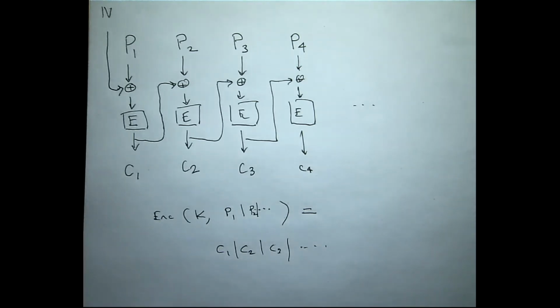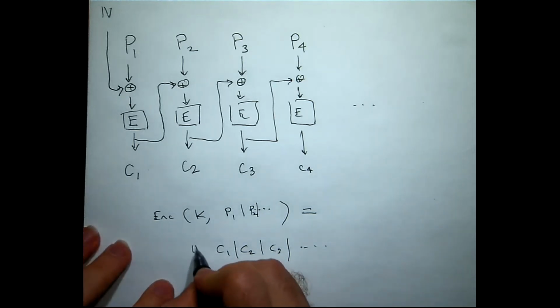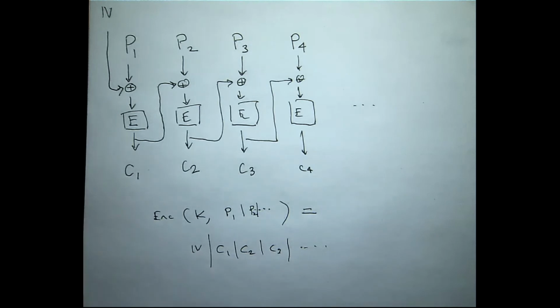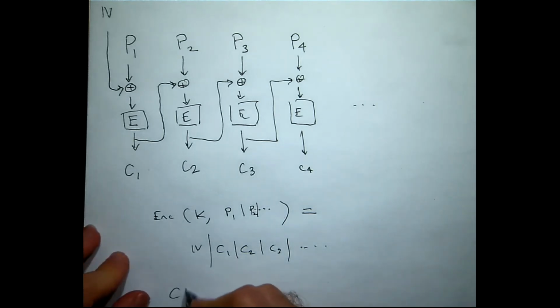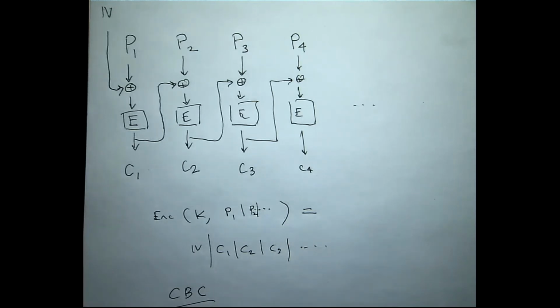And to be able to decrypt, the recipient's going to need one more thing. They're going to need to know the initialization vector. So that's also considered part of the ciphertext. Okay, so the initialization vector is chosen randomly, and then it's included in the ciphertext. So that is called CBC mode encryption. And that is a way of building an encryption algorithm using a block cipher.